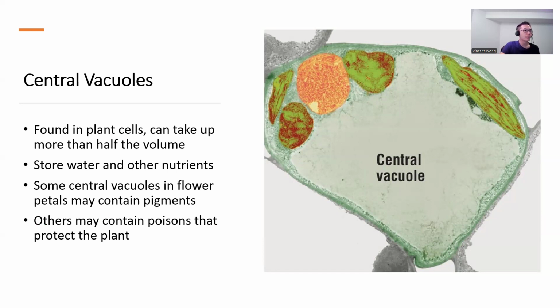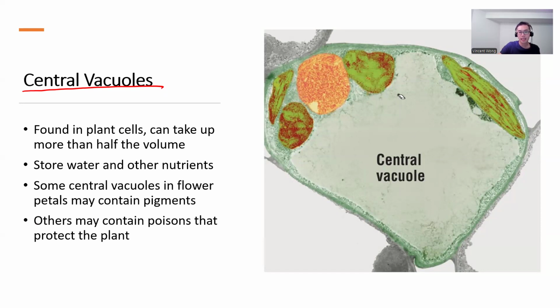Great. Now, there are other organelles that are found in plants, but not in animal cells. Another example of that is something called the central vacuole. This is a picture of a plant cell, and never mind what these other things are.